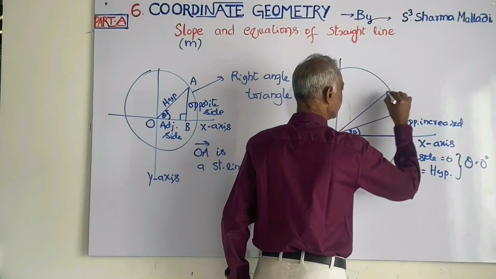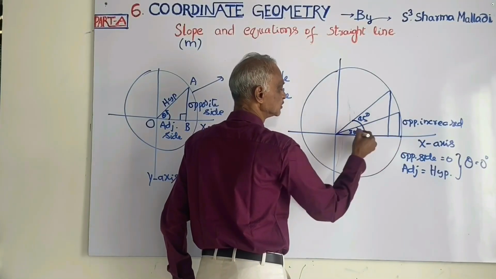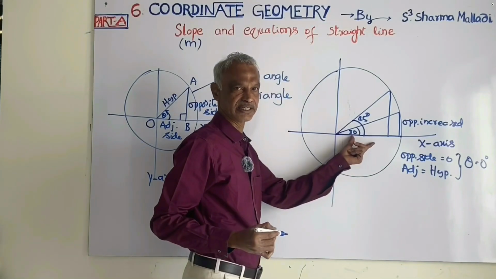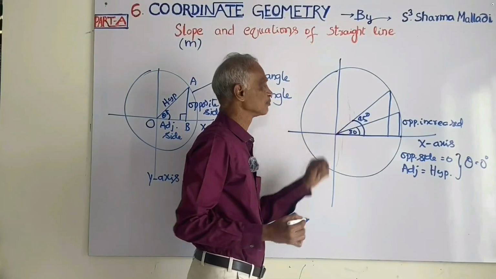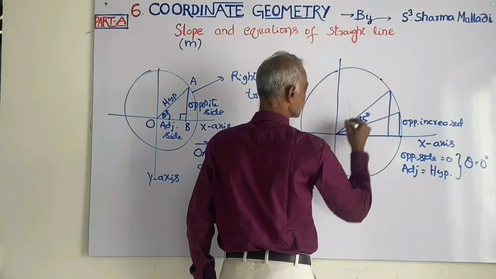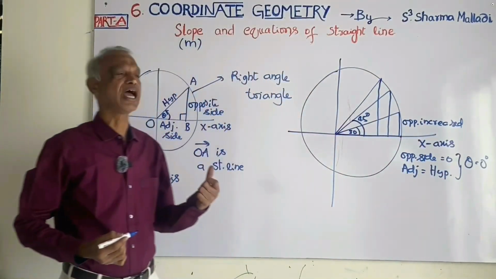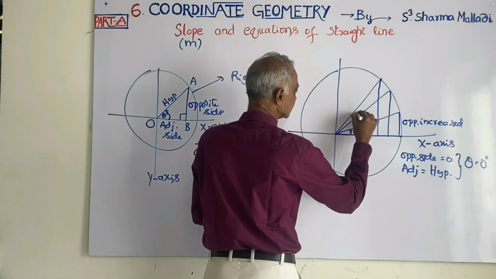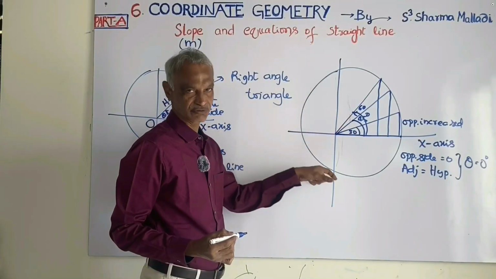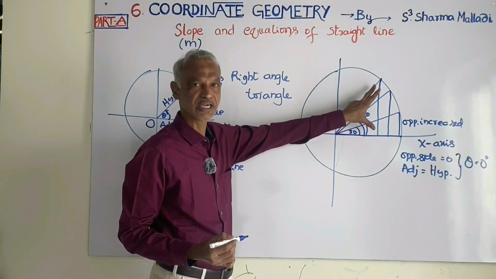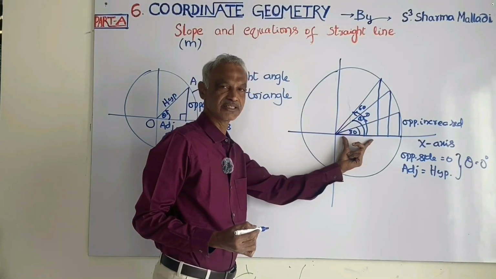When the angle is 45 degrees, the opposite side is increased compared to 30 degrees and the adjacent side is decreased. The opposite side has increased compared to 0 degrees and 30 degrees. Now we will take 60 degrees. The angle made by this line with the positive direction of the x-axis in the anti-clockwise direction is 60 degrees. Now observe the opposite side and adjacent side. The opposite side is increased and the adjacent side is decreasing.